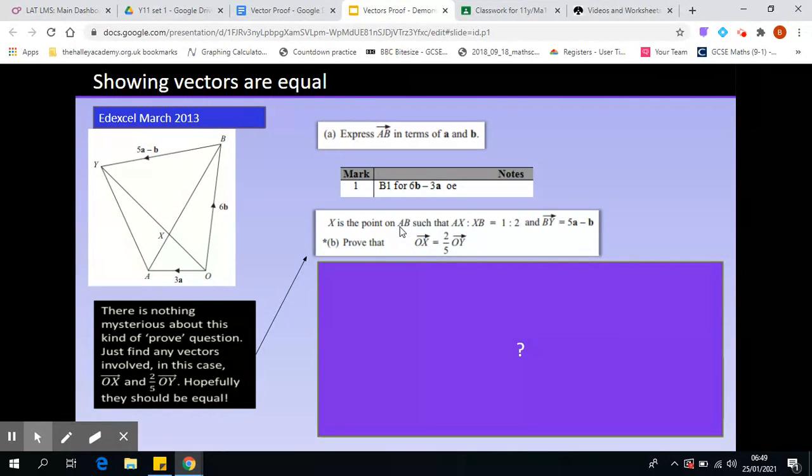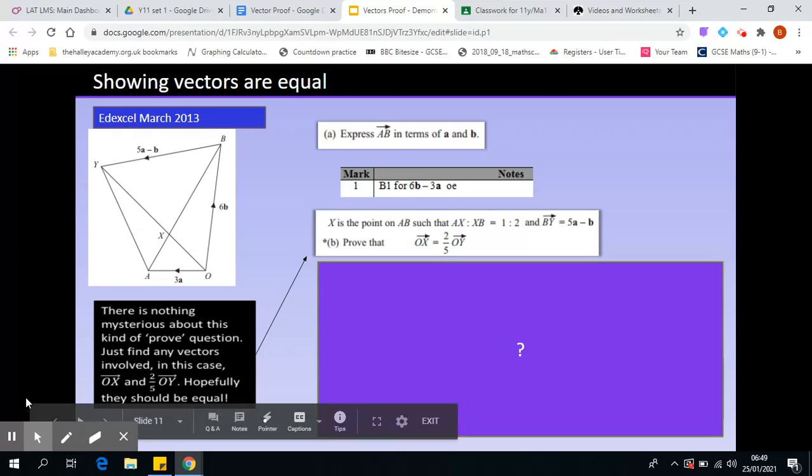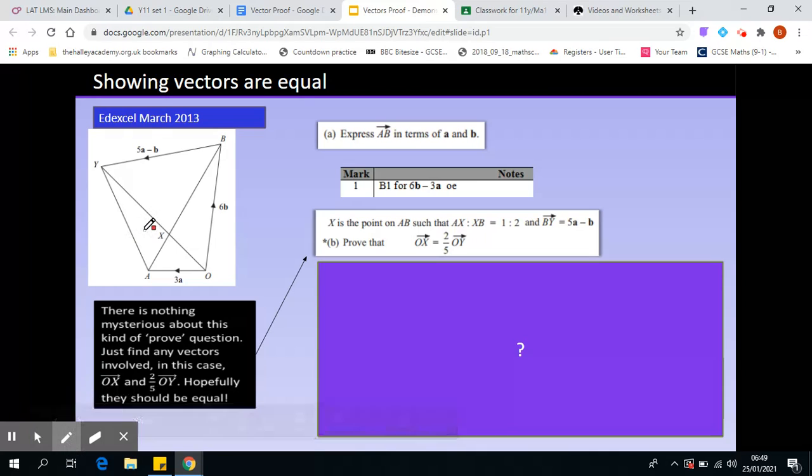X is a point on AB such that AX to XB is in the ratio 1 to 2. Now, I suggest you start writing them as fractions, which would help you.